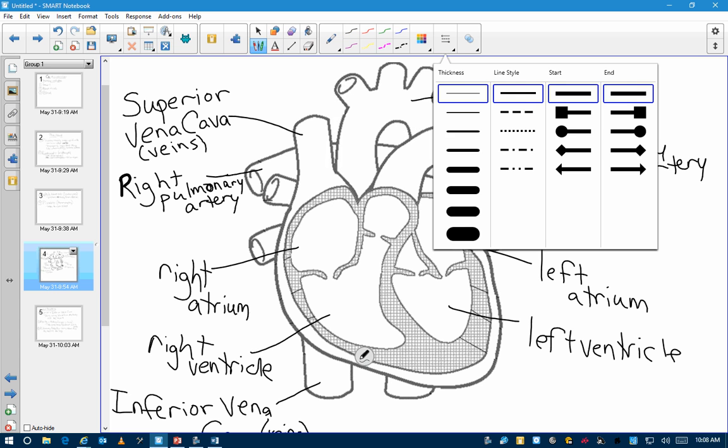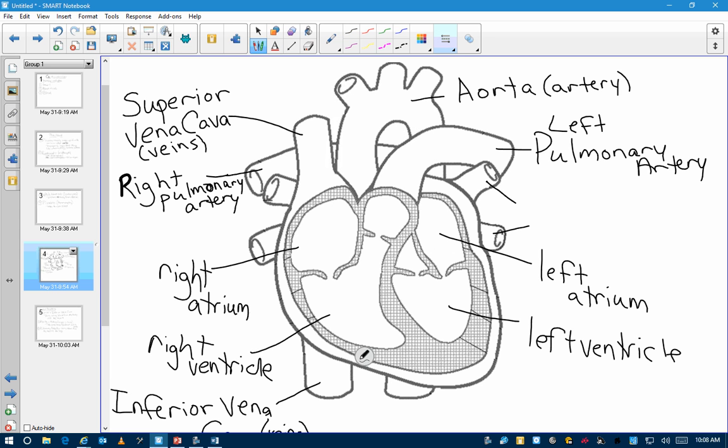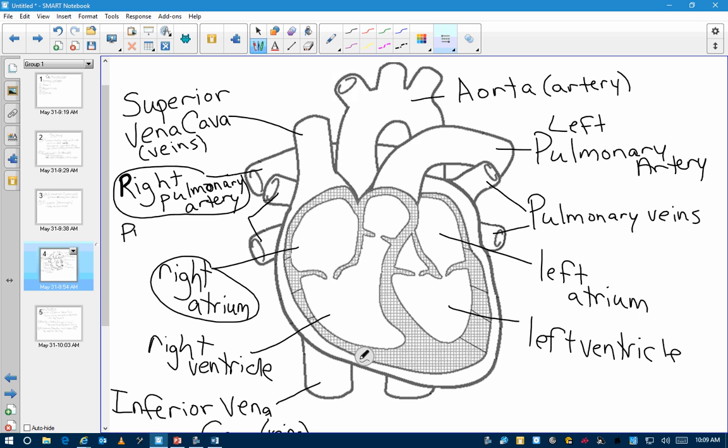So that's why we have pulmonary veins. Oh, they're both the same? Okay, one lead, two things. Pulmonary vein, and we have right and left again. Okay, pulmonary vein, pulmonary vein.